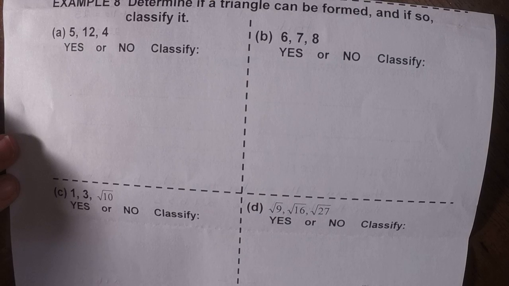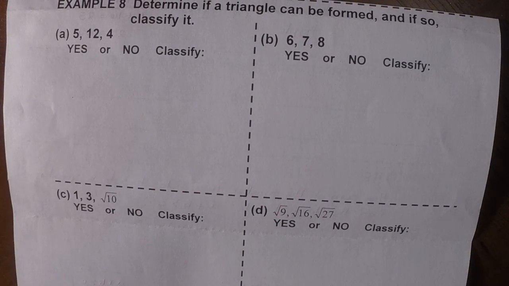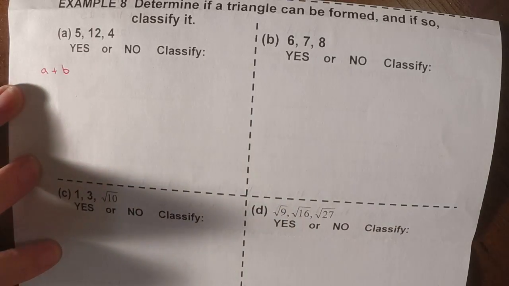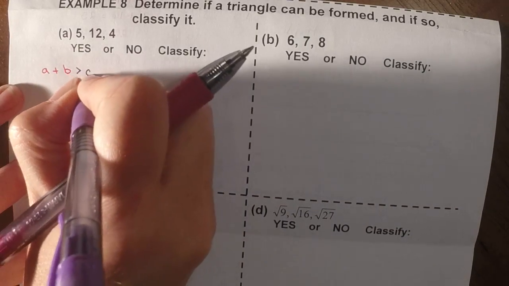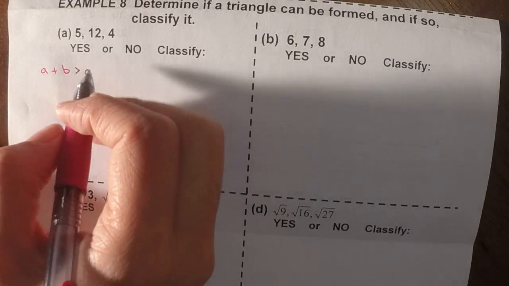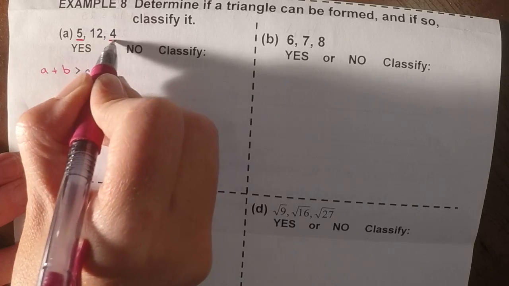So it says determine if a triangle can be formed, and if so, then classify it. So the first thing we need to do is use our A plus B has to be greater than C to see if a triangle can be formed. So first, what are the two smaller sides? Good. 5 and 4.